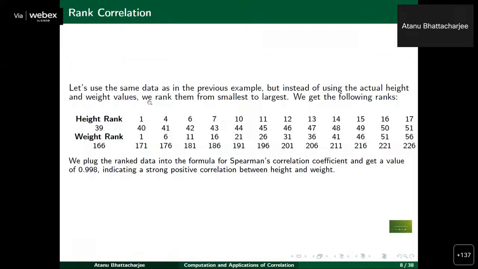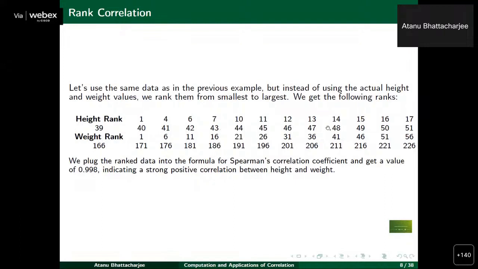So for example, the same example where we have height and weight. Let's say for height rank, the first individual will be ordered first as 39. This is the minimal height, so the rank, I'm sorry, 39 should come here, and thereafter 40, 41, 42.